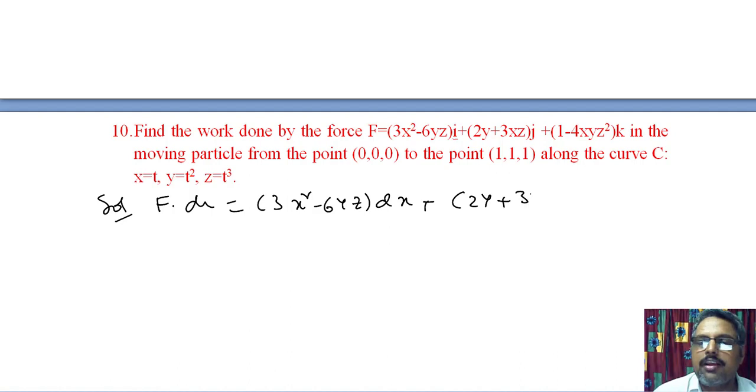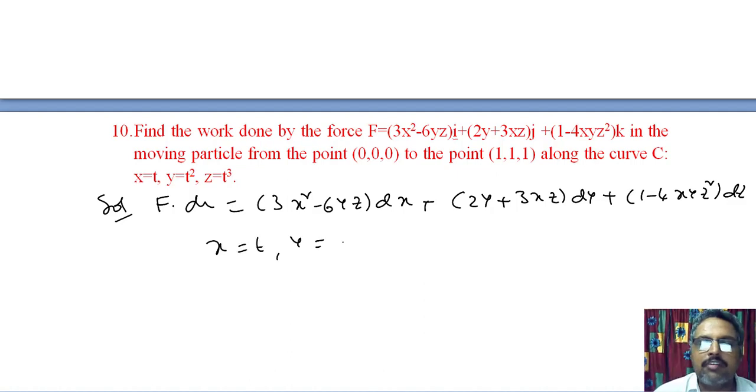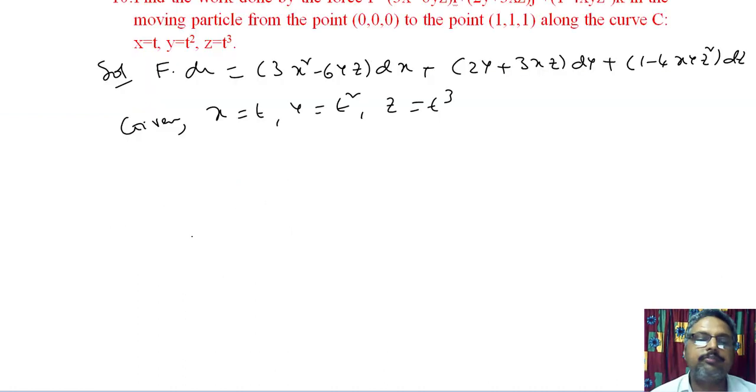Work done equals integral f dot dr along the curve C, nothing but integral of this expression into dt. Now t limits are already known. X equals t, x limits 0 to 1, so t limits are also 0 to 1. Just calculate all these values and take it as homework.